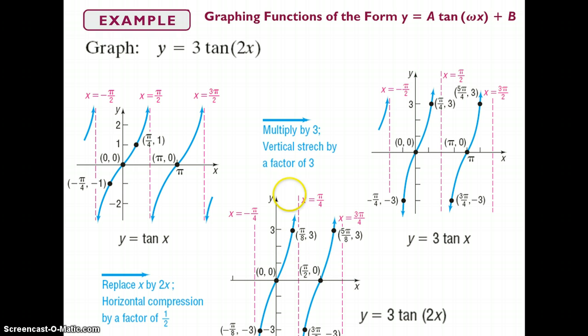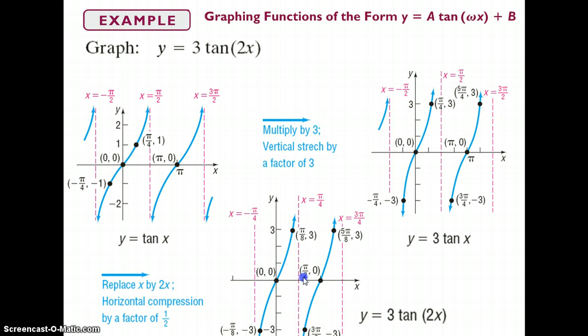Here's another way you could do it. You know that the cosine of 2x is equal to 0 when x is pi over 4, because 2 times pi over 4 is pi over 2. That's where the cosine is going to equal 0, cosine of pi over 2. So if x is pi over 4, you're going to get a vertical asymptote.